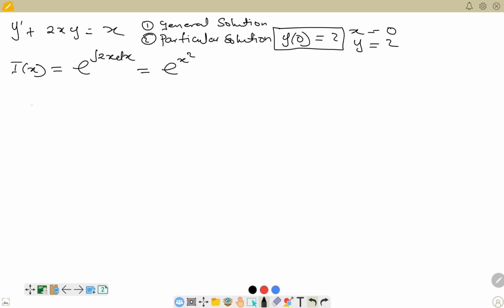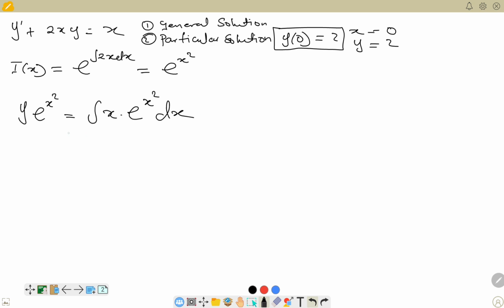Now we need to find the general solution. It's going to be y times I of x, which is e to the power x squared, equals the integral of q of x, which is x, times e to the power x squared dx.